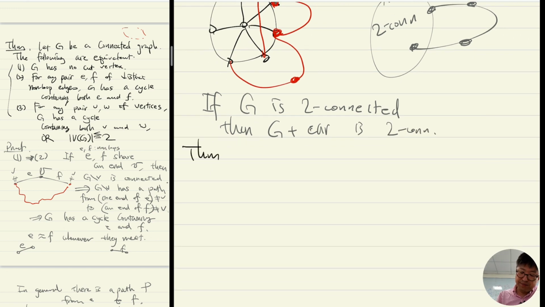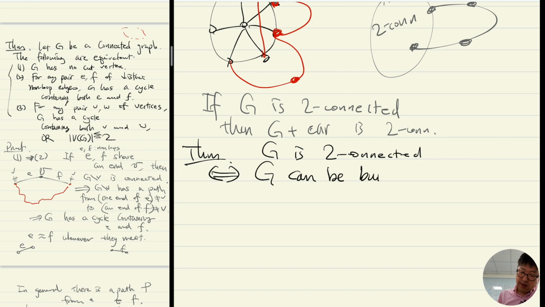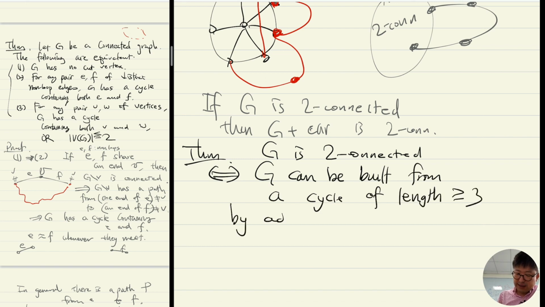Now here's the theorem. G is two connected if and only if you can actually build it by adding ears repeatedly. G can be built from a cycle of length at least 3 by adding loops and ears.